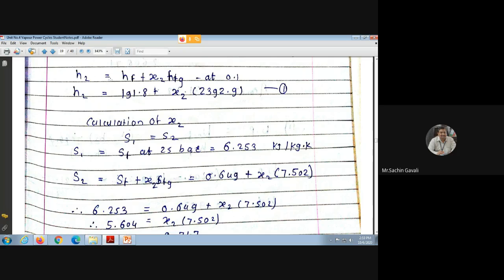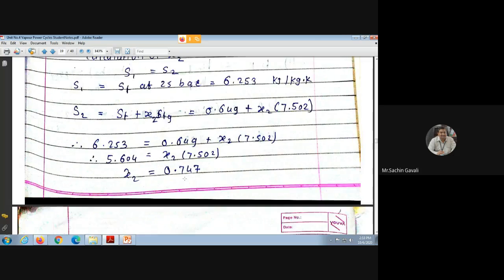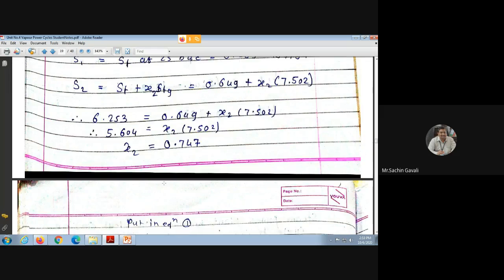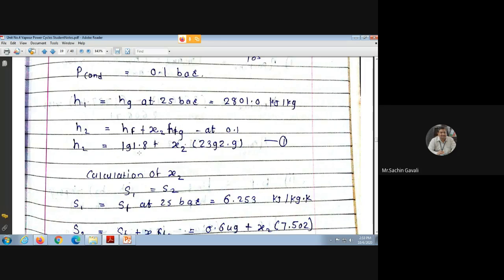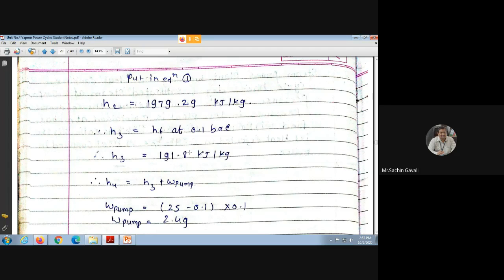Therefore H2 is equal to HF plus X2 HFG, and H2 is coming as 1979.29 kilojoule per kg. H3 is equal to HF at 0.1 bar. Already that is in the equation, the HF equation is written for H2. In that, H3 is equal to HF, which is 191.8.